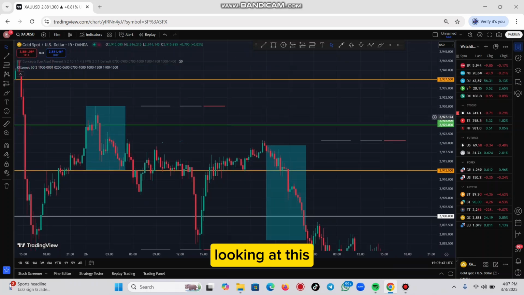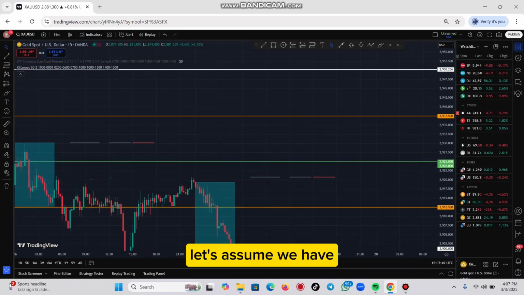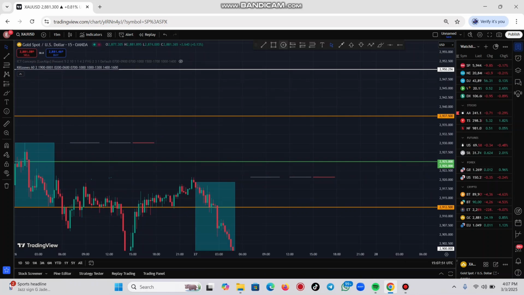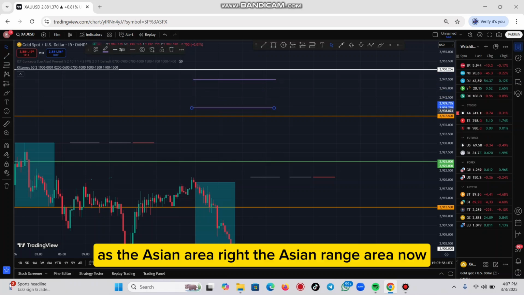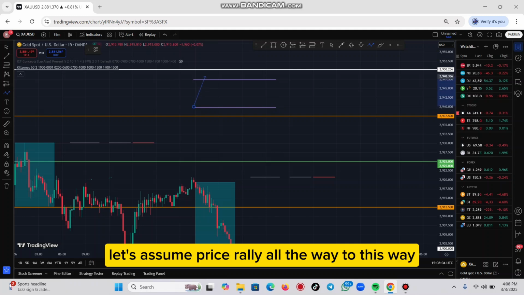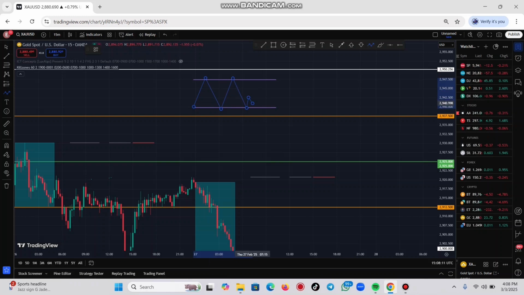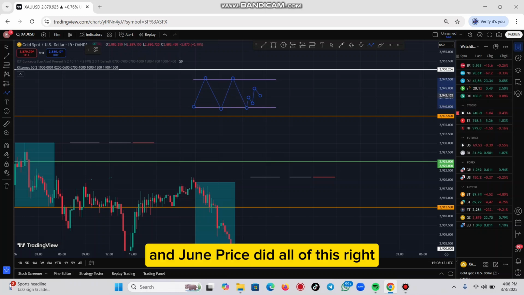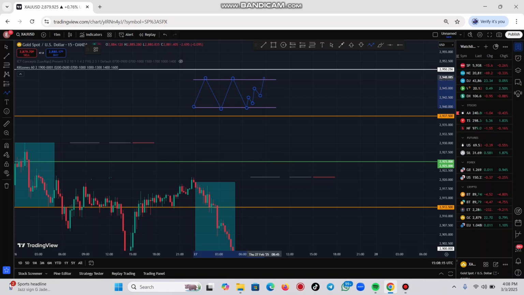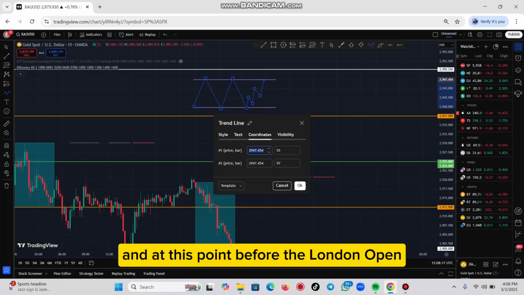Now looking at this, let's assume we have this area as the Asian range area. Let's assume price rallied all the way through this way, and did all of this.